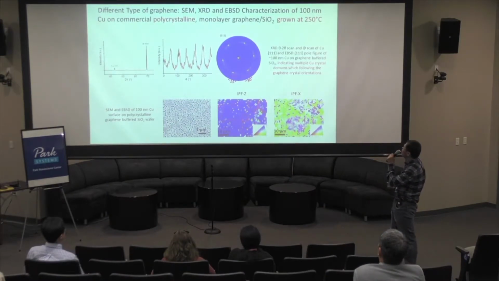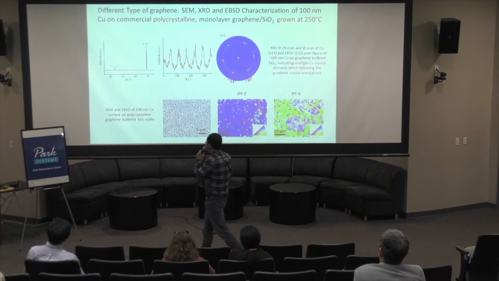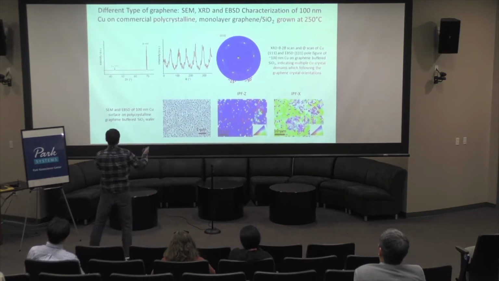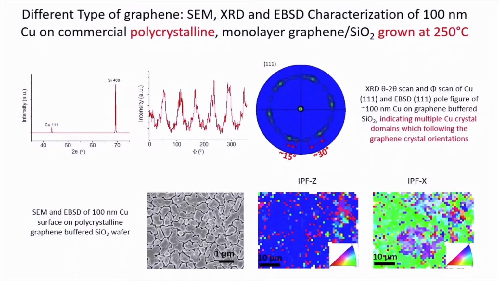So it is basically consistent with the graphene orientations. And interestingly, on the commercial polycrystalline graphene, the surface morphology of the copper is worse than the copper grown on single crystal graphene.